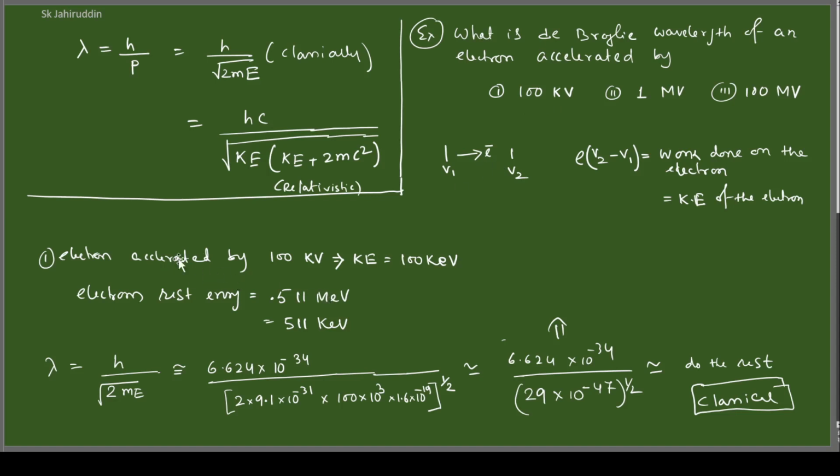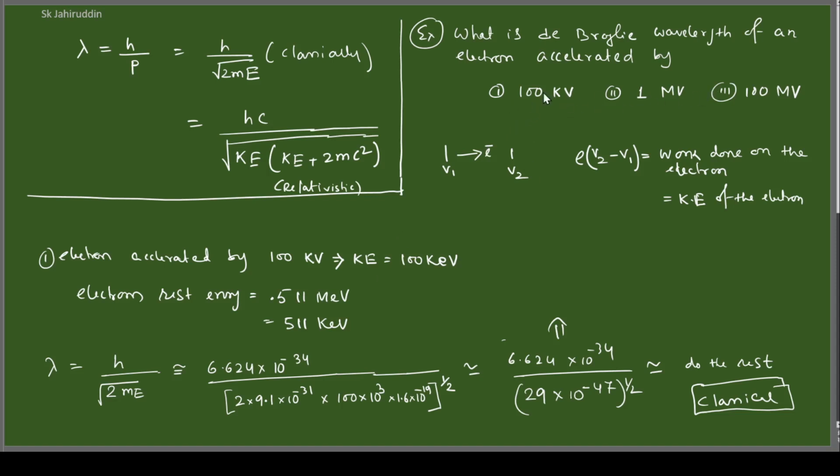So if I substitute this, the electron accelerated by 100 kilovolt in the classical result, we'll get this. We remember the electron's rest energy is this. So when we do a calculation, relativistic or non-relativistic, we'll think about how much the kinetic energy is comparable with the rest energy of the electron.